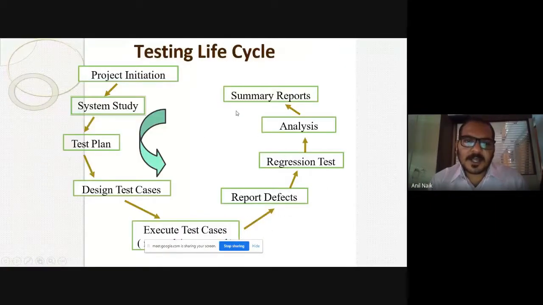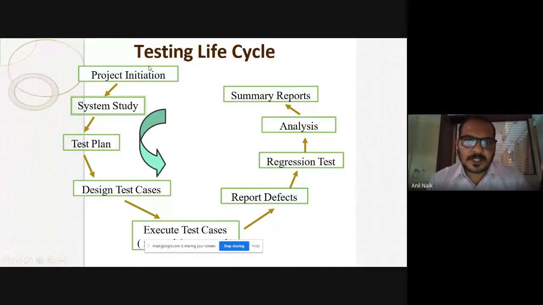And in the software testing life cycle, each phase has respective testing methods. That is the V cycle, or we can call it the software testing life cycle, that we will discuss. Before that, we'll discuss the testing life cycle.